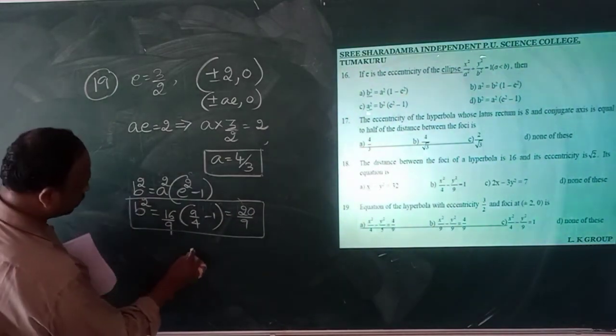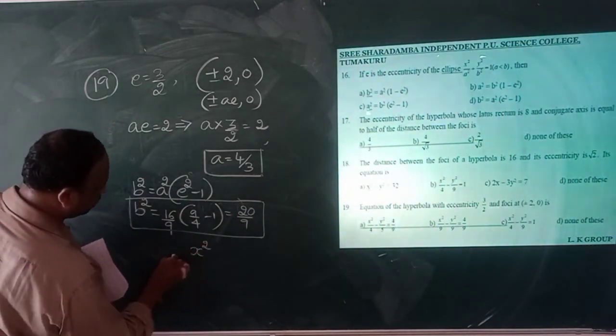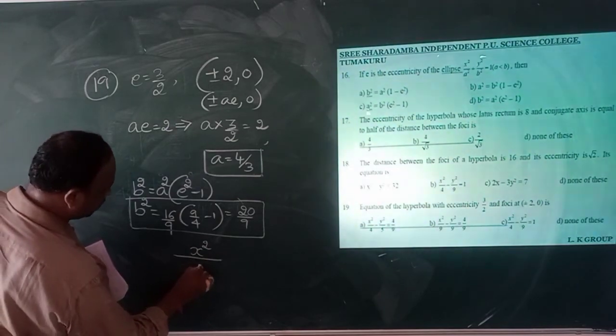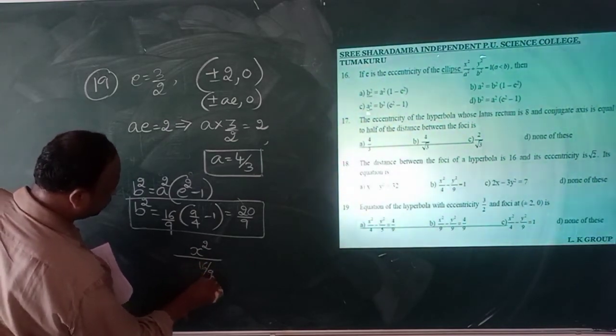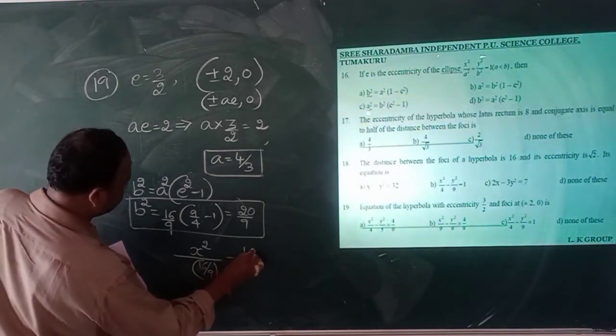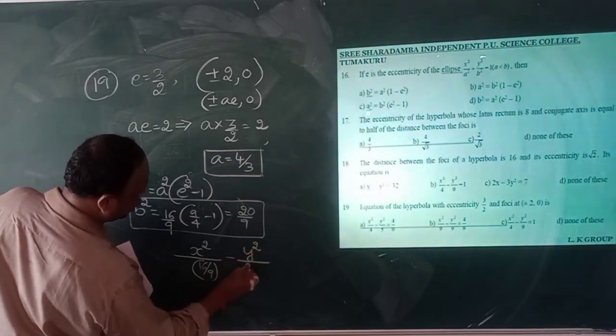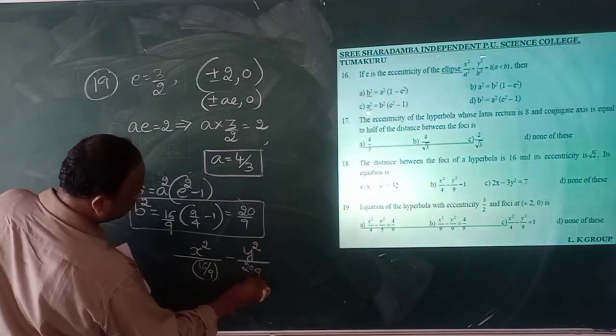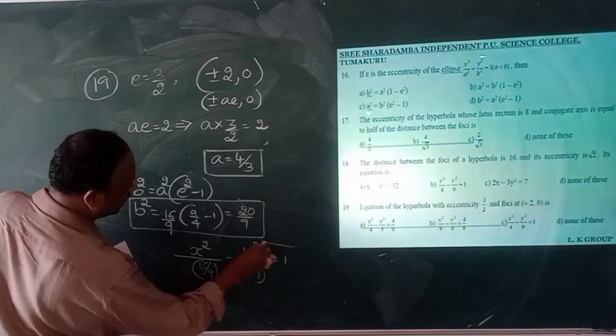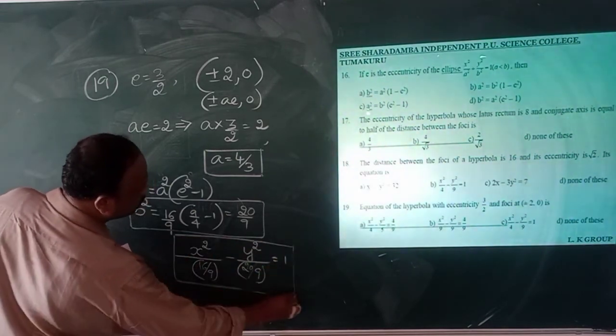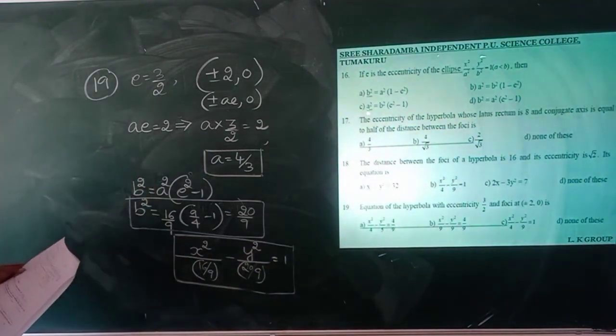So therefore x square by a square, that is 16 by 9, minus y square by 20 by 9 is equal to 1 is the answer. So this is option A.